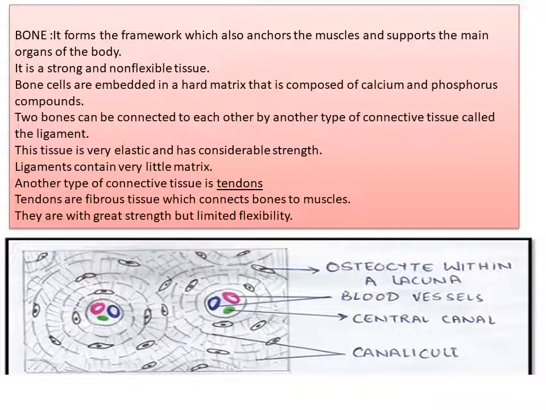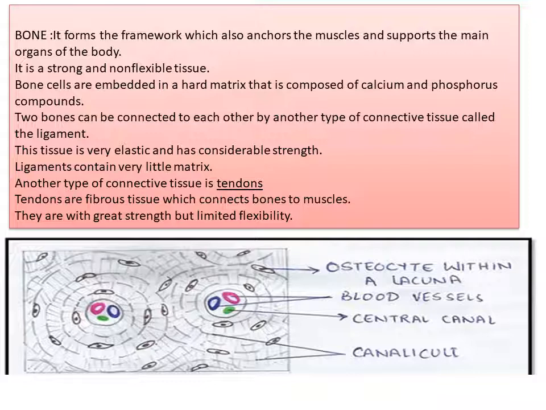As I told you in the beginning of the slide, this connective tissue will always have a particular type of structure, that is, certain cells embedded in a matrix. In the same way, bones also have a matrix, but here the matrix is solid, which is composed of calcium and phosphorus.